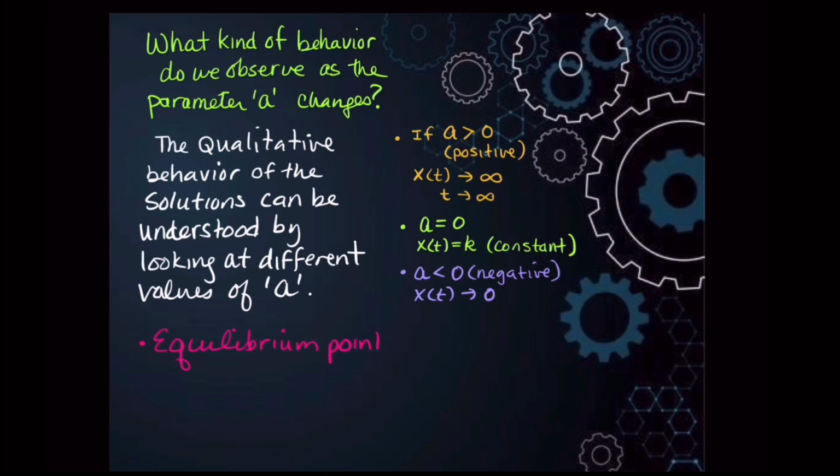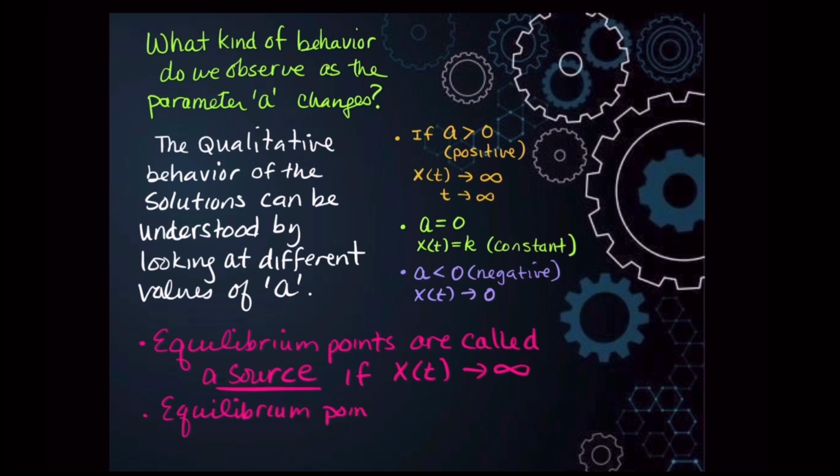Now, when an equilibrium point tends towards infinity as time goes on, we call it a source. On the other hand, if an equilibrium point tends towards 0, we call that equilibrium point a sink.